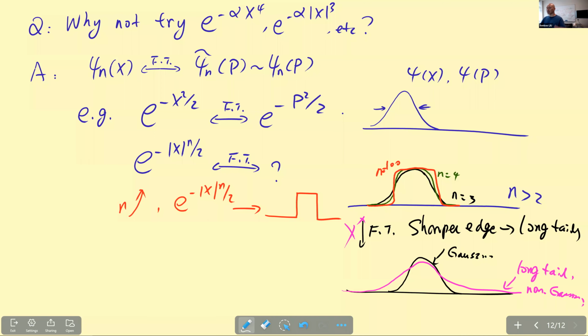So that means you shouldn't have n greater than 2, because n equal to 2 is just the right index such that the tails of the transformation, the Fourier transform, are also Gaussian, the same as the real function. If you make this n larger, that means the change of this function will be sharper, so you can have a longer tail in the momentum space.